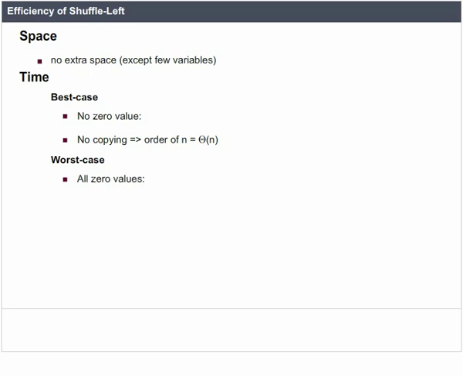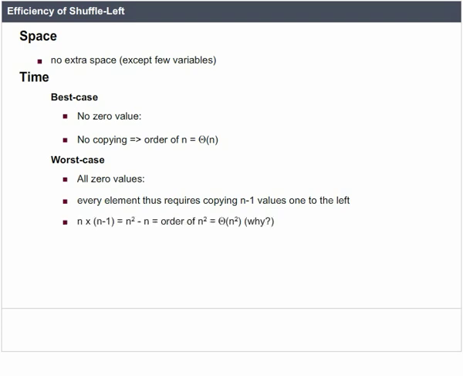Every element thus requires copying n minus 1 values one to the left, n times n minus 1 equals n squared minus n, equal to order of n squared, that is O of n squared. Average case: n by 2 of the values are 0, so n by 2 times n minus 1 equals (n squared minus n) by 2, equal to order of n squared, that is O of n squared.